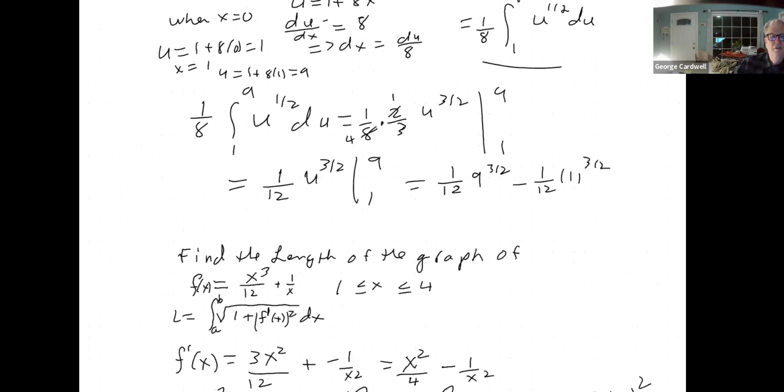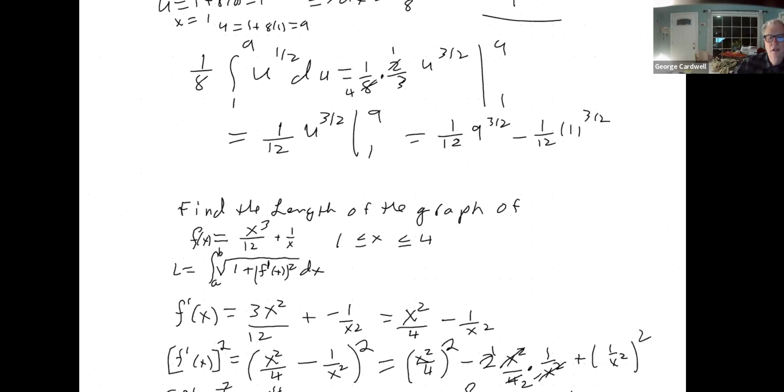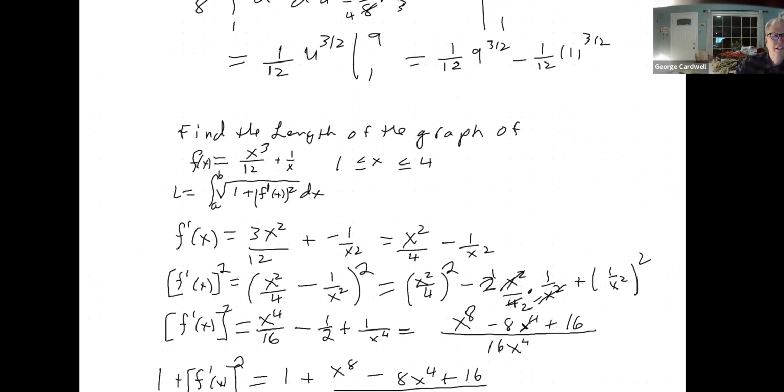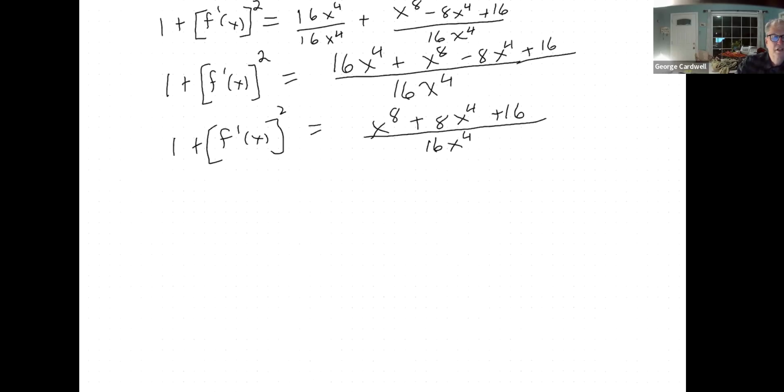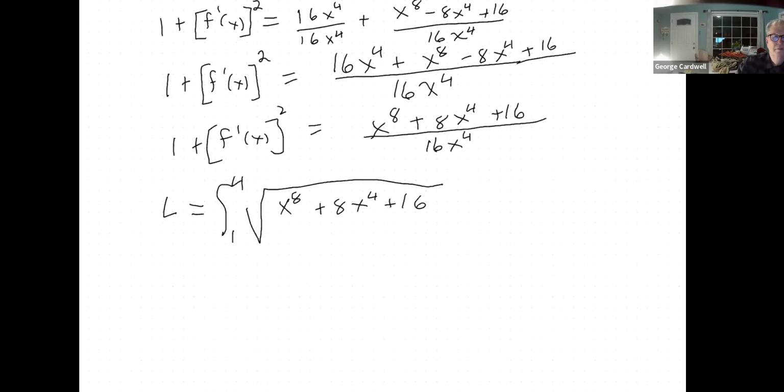So the bounds of my integral are 1 to 4. So my length is given by the integral from 1 to 4 of the square root of that whole thing, dx.